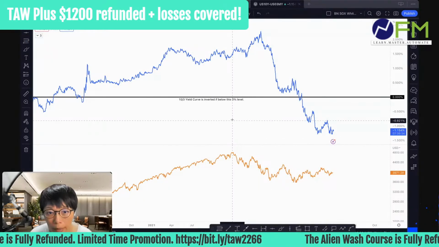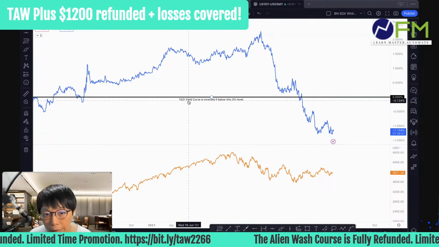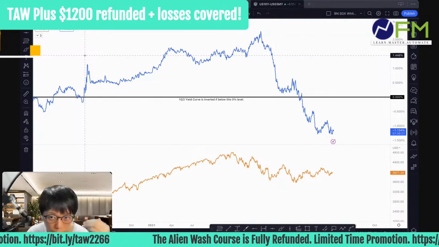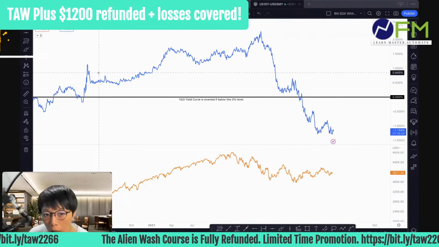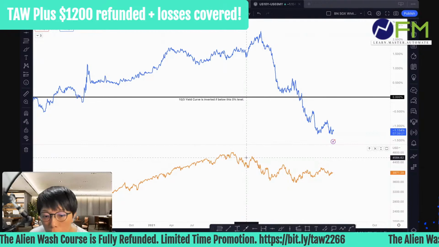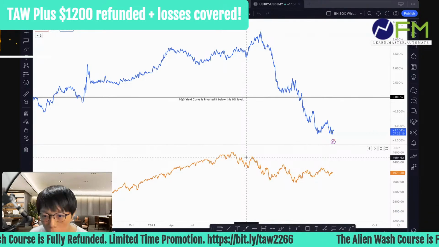You should be looking at my chart here that shows 10 years and 3 months. What I did is put in the bond yield of 10-year versus 3 months, and below it shows the S&P 500 again.